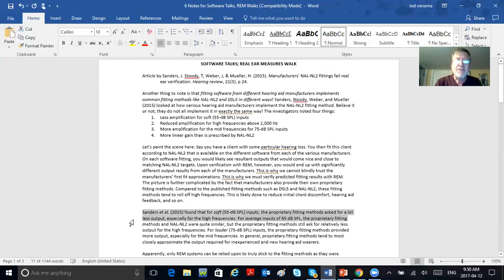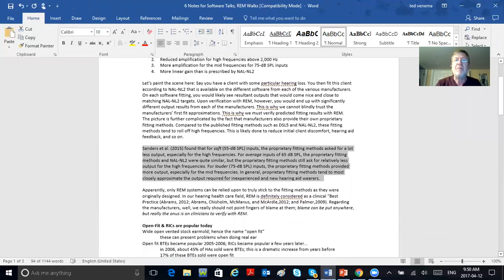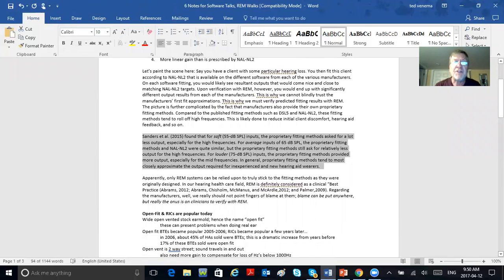Sanders found that for very soft inputs, the proprietary fitting methods ask for a lot less output, especially for the highs. For average inputs of 65, proprietary fitting methods and NAL2 are quite similar, but the proprietary fitting methods still asked for less output for the highs.